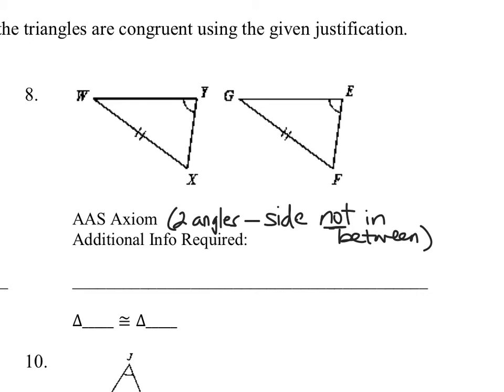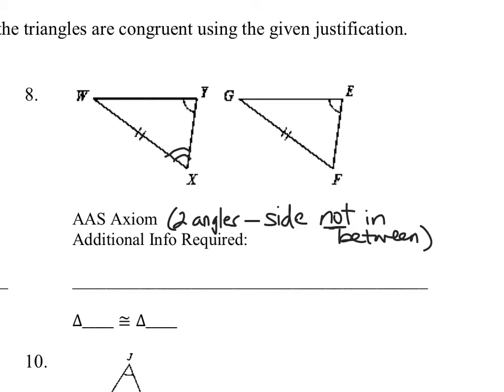It doesn't look like it, because if I put this second angle here, the side is not in between them. The side would have to be here in order for that to play out. If I wanted to, I could put the angle here and it would work also, because again, in order for it to play out with the angle side angle, the side would have to be in between those 2 angles, and that is not the case.